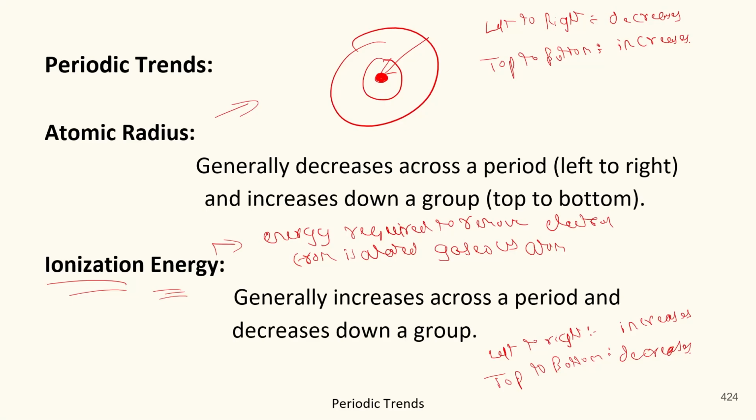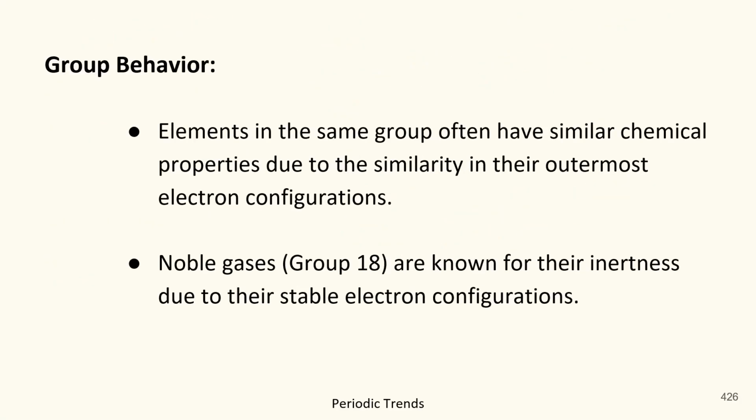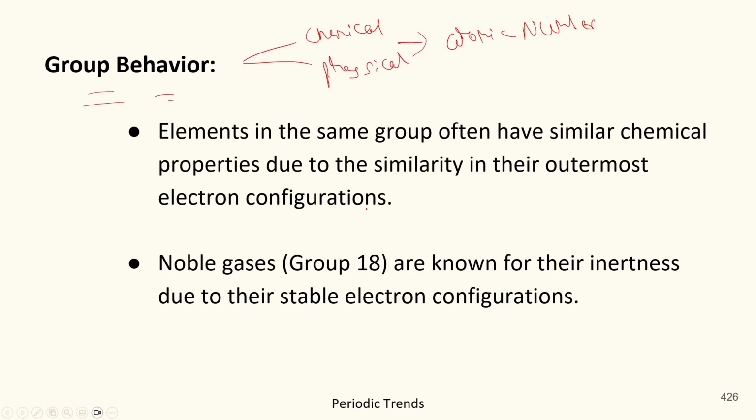Now the group behavior. The group behavior of an element is basically the chemical properties they have. Because they are organized on the basis of their chemical and physical properties, with atomic number as a base in the modern periodic table, elements of the same group will have the same chemical properties.